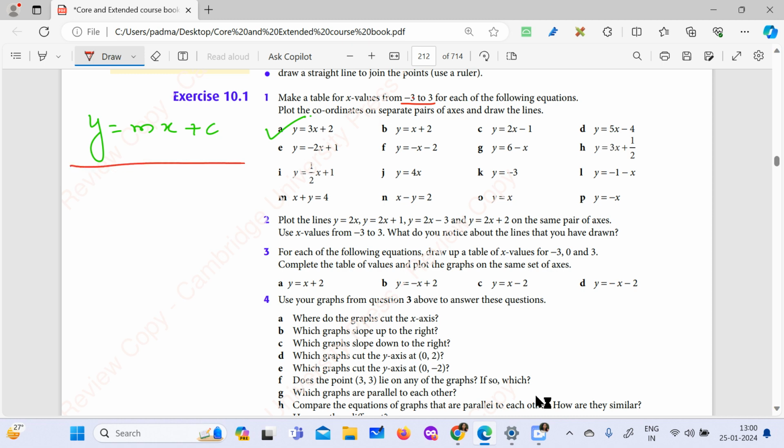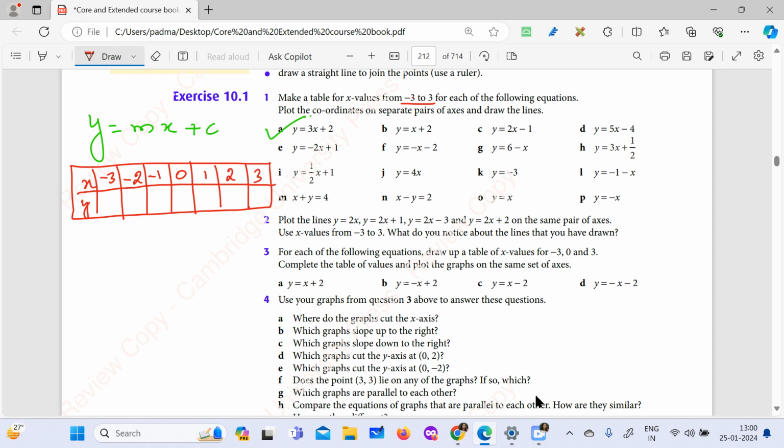So let me do that first. Let me mark all the values of x: -3, -2, -1, 0, 1, 2, and 3.